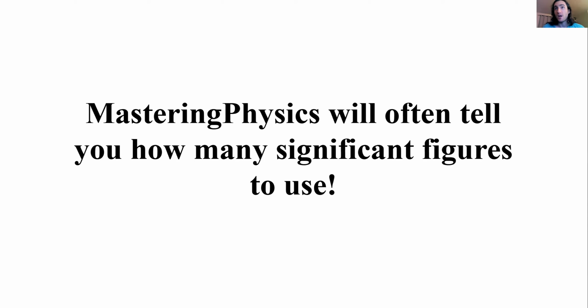Numbers that are not in significant slots can often multiply other numbers and carry the one over into a column where there is a significant figure. And so always use very precise calculations and only round at the very end when you present your result, okay? And Mastering Physics usually is pretty good about helping you with this, okay?